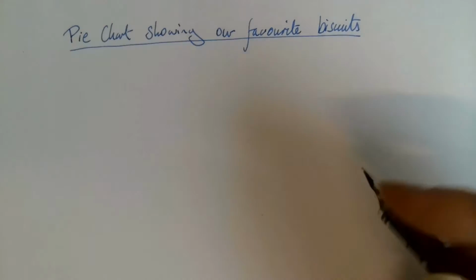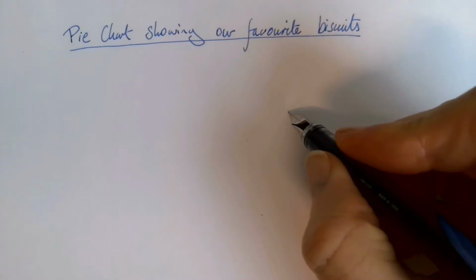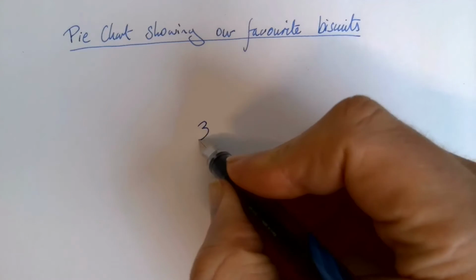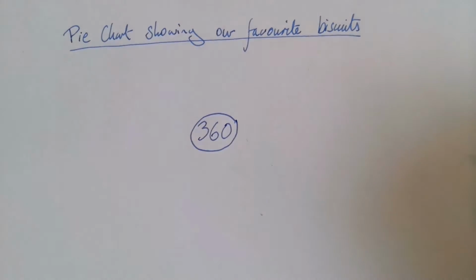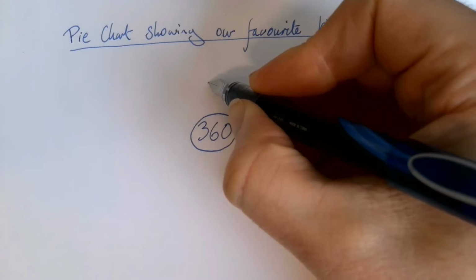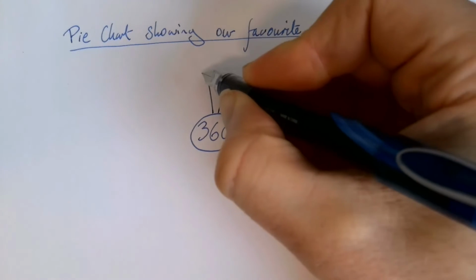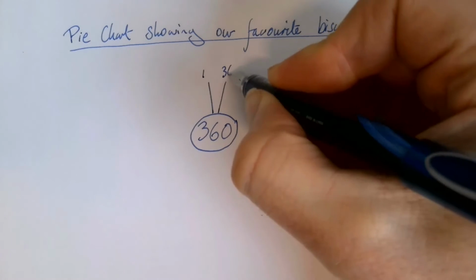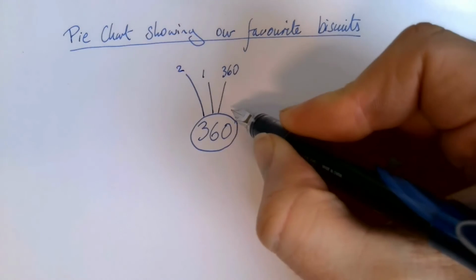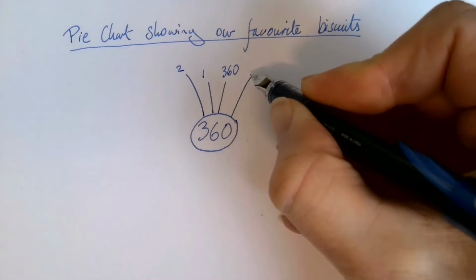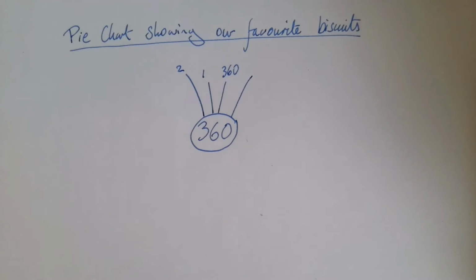And to help us in what we're going to do, what I'd like you to do is see if you can do the factor creature for 360. Now there are loads of factors for it, and we're going to go in pairs. Now I'm sure you all know, start with 1 and 360, and then 2 and half of 360, and keep going until you've got them all.